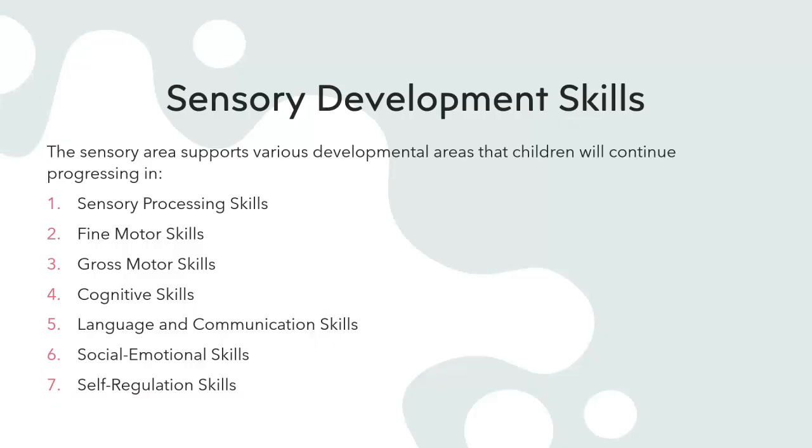They'll develop cognitive skills, and they will develop their language and communication skills with other children or other people in the environment, and they will also learn language skills about the activities and the materials that they are using, as well as sensory language like it is squishy, it's hard, it's soft, it's fluffy, things like that. The children will also learn social emotional skills as well as self-regulation skills.